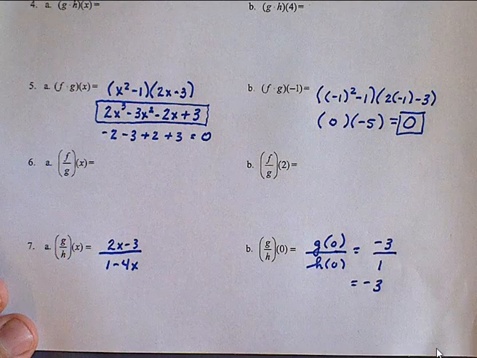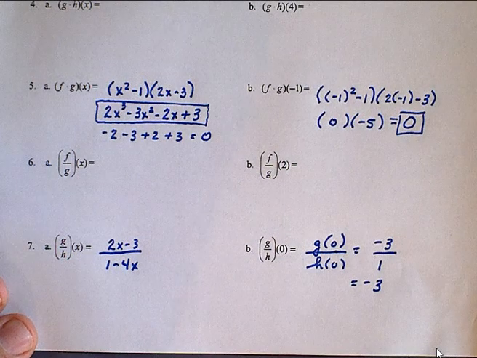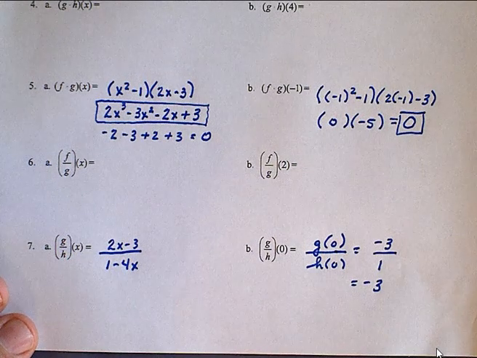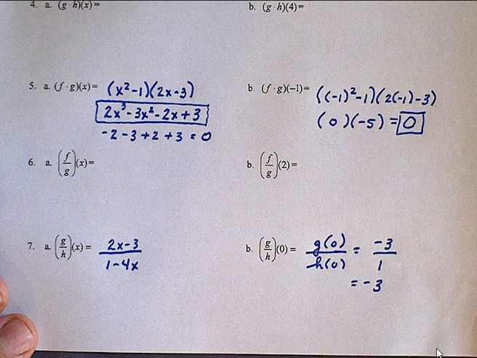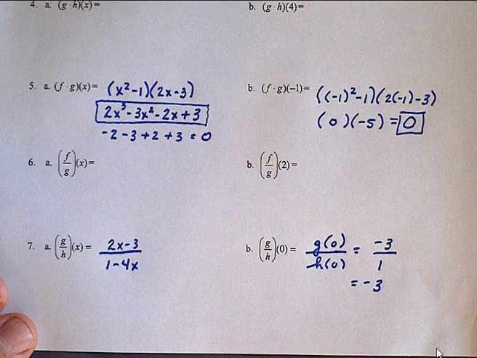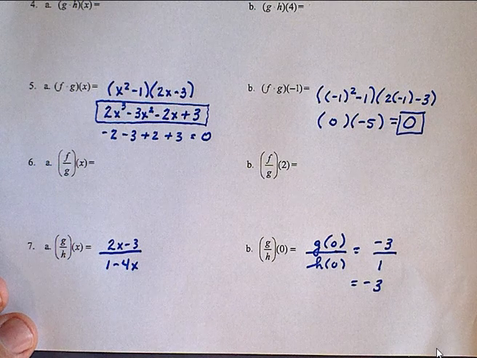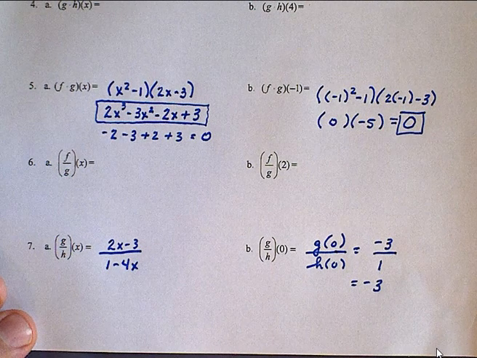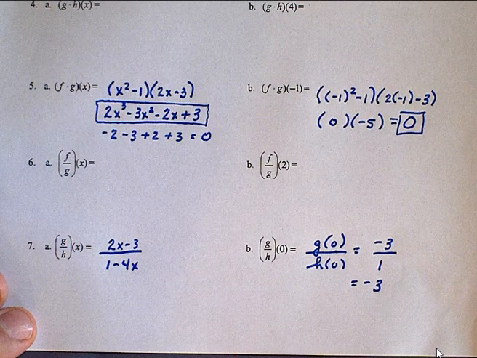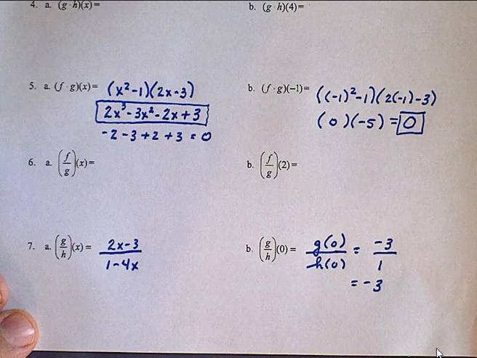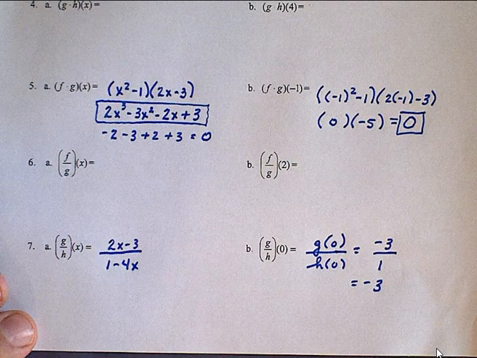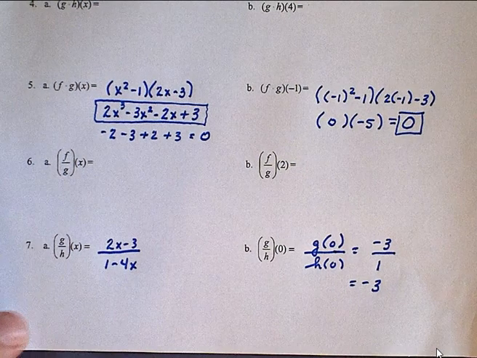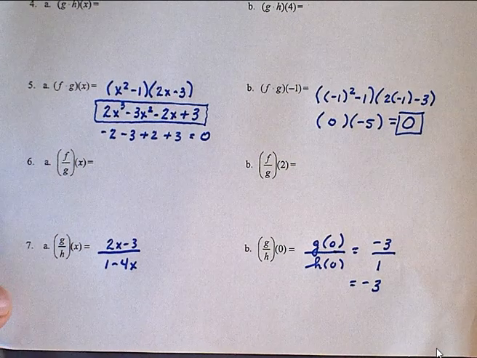Okay, so that could be done either way. Plug the 0 in first and then divide, or divide first and then plug in the 0. Either way, you get the same result. Okay, so that's what I'm asking you to do here. Finish that front page. And those shouldn't be any different than the ones that I've given you. So you should be okay with those.